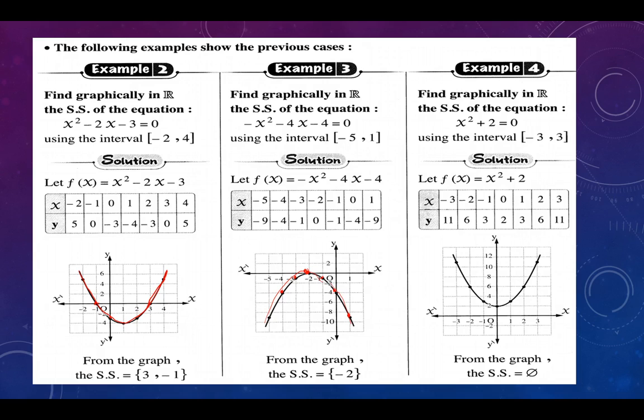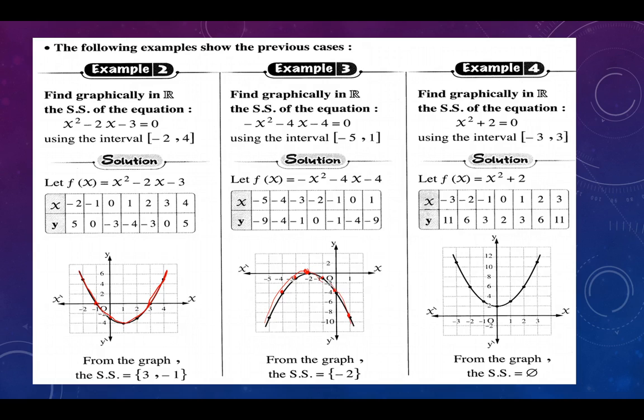And by using the calculator again, mode 7, write f(x) = x² + 2. Start -3, end 3, and step 1. Write the table. x equals -3, -2, -1, 0, 1, 2, and 3. y equals 11, 6, 3, 2, 3, 6, and 11.